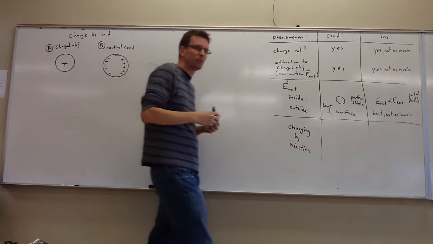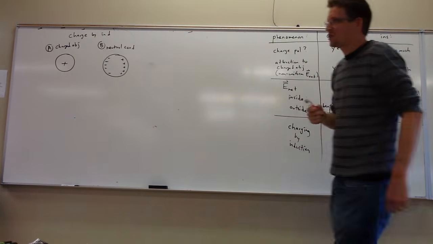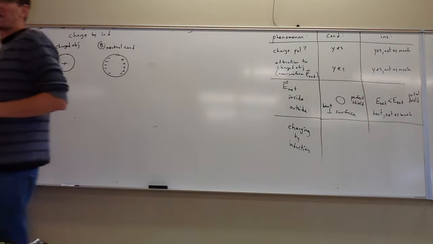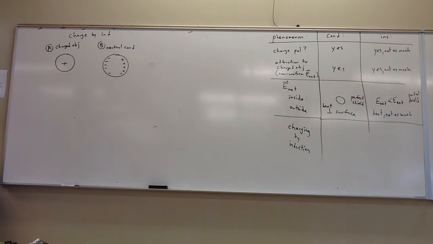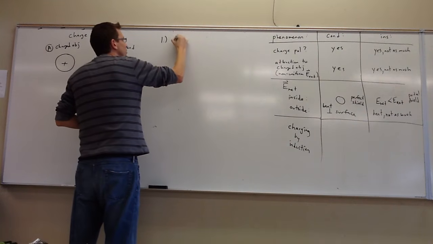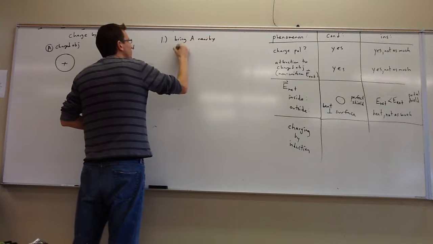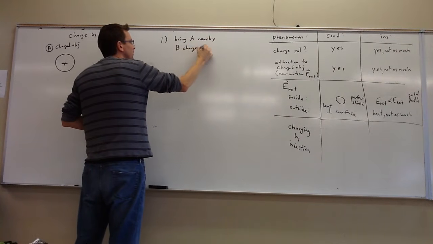So B is still neutral, but at least now the charges aren't all mixed in willy-nilly. You'd have to get a pair of atomic-sized tweezers to sort them out. Now we do have overall minus charge on one half and plus charge on the other half. So step one in charging by induction is bring A nearby and B charge polarizes.